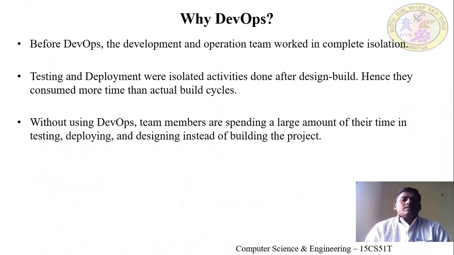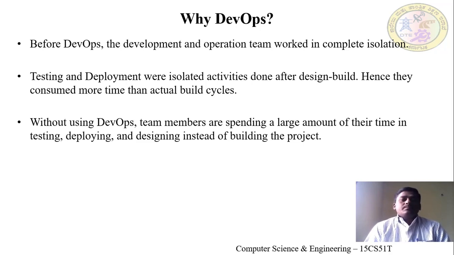Now we'll see why we use DevOps, right? Why do we need DevOps? What are the advantages of DevOps? Before DevOps, the development and operation teams worked in complete isolation. Before DevOps came into the picture, in traditional IT systems, in traditional software companies, they used the isolation concept.